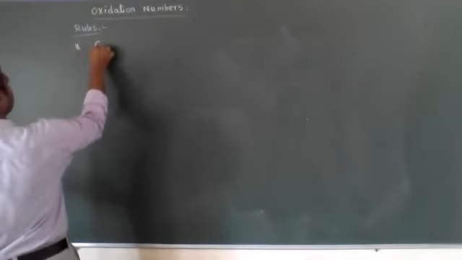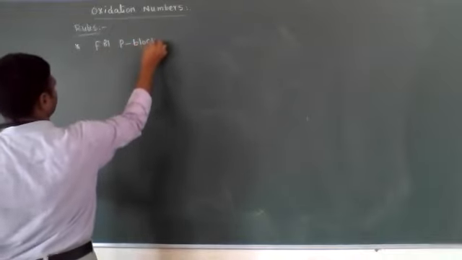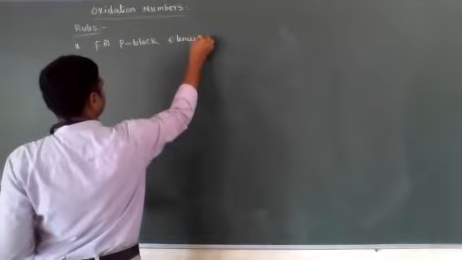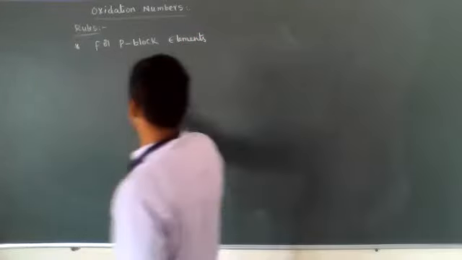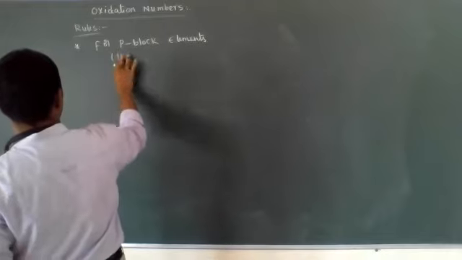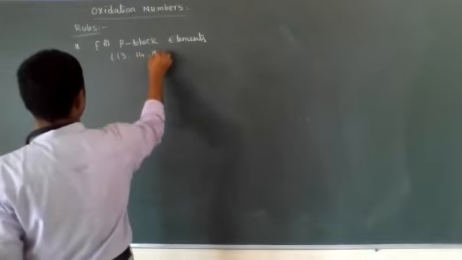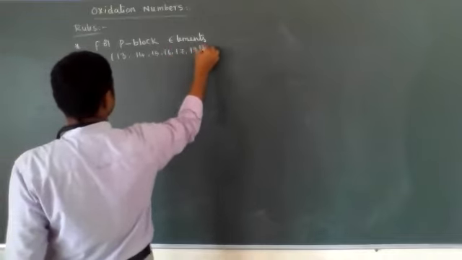For p block elements, what are the p block elements? P block elements means groups 13, 14, 15, 16, 17 and 18.